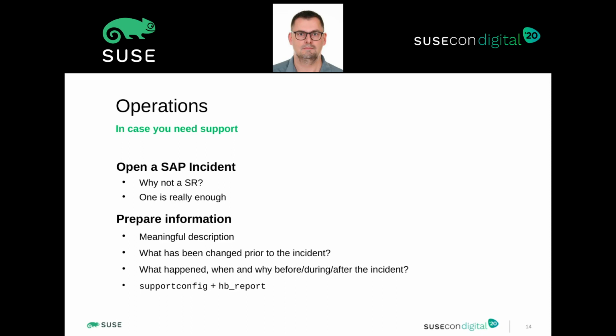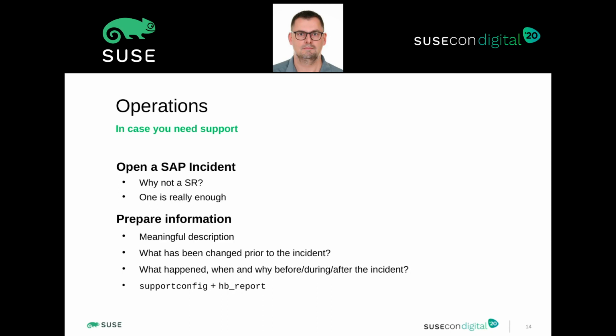If you open a normal SR, it can happen that you end up with a supporter that has never heard of SAP and maybe even gives you wrong advice regarding HA, not because he doesn't know the software, but he's not aware of the special settings and the special requirements for running SAP on HA. So please open an incident. It is much easier.